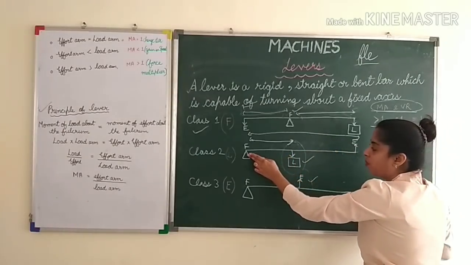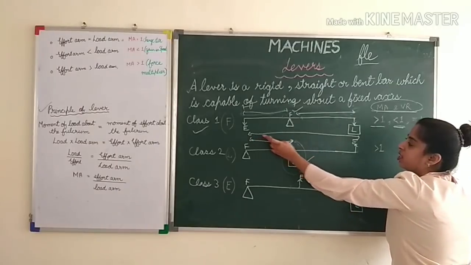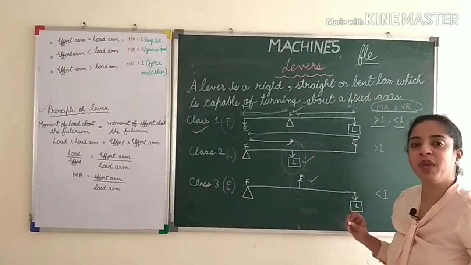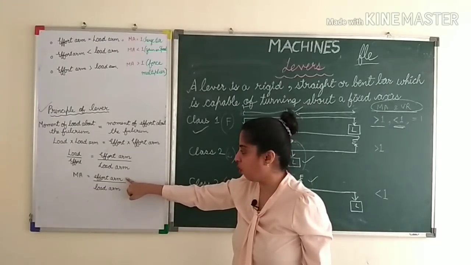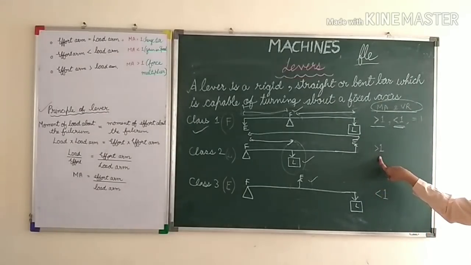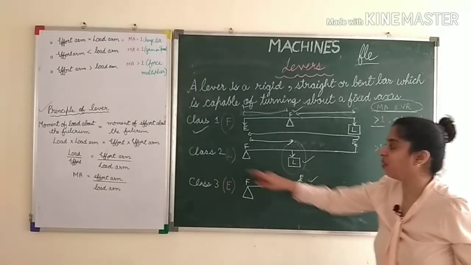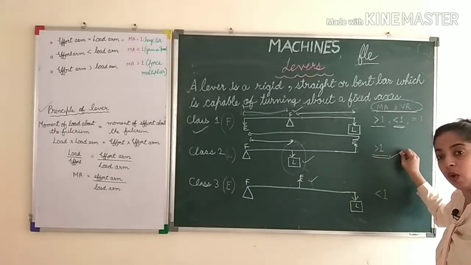Because load arm is from fulcrum to load, effort arm is from fulcrum to effort. So here you can see effort arm will always be bigger than the load arm. So if effort arm is always bigger than load arm, then mechanical advantage will always be more than 1. So in a class 2 type of lever, mechanical advantage and velocity ratio is always more than 1.